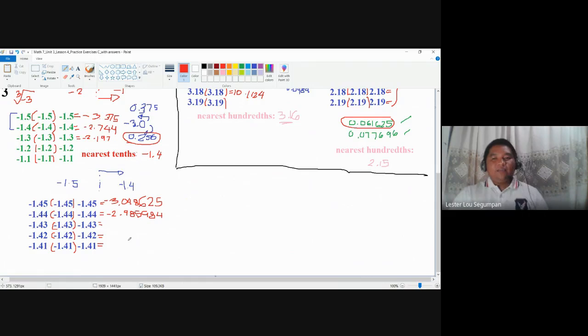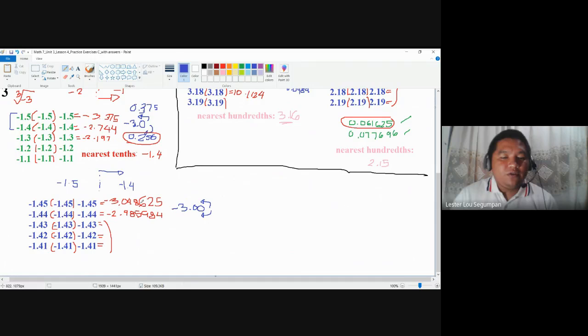Okay. Again, if you have grasped the concept of estimating, no need to gather the result for this because negative 3 is just between the results of the first two numbers. Because the negative 3 can be seen here. So again, let's determine where it is closer to.